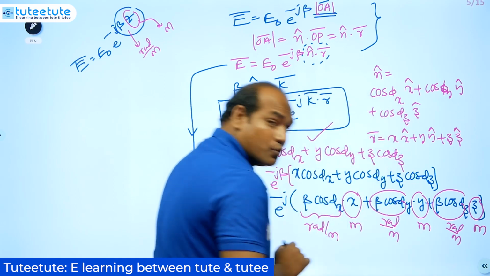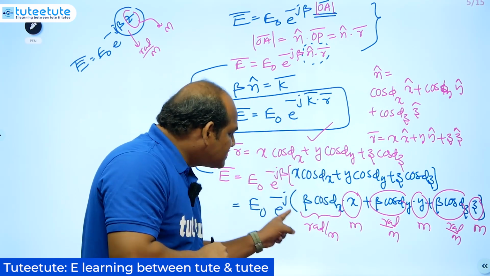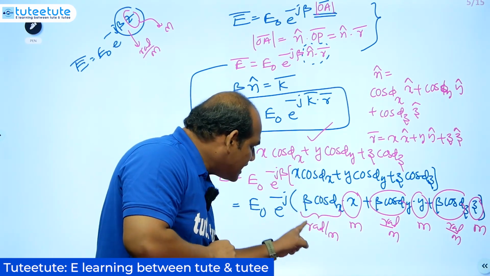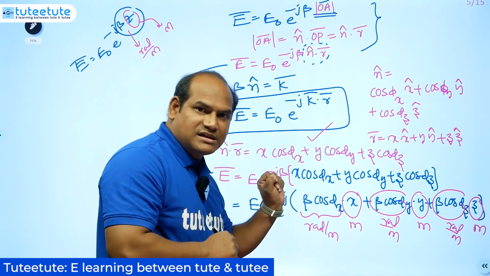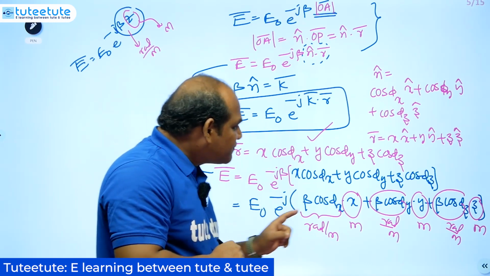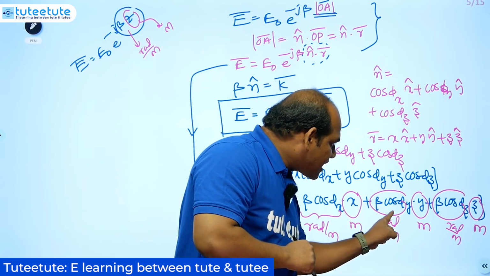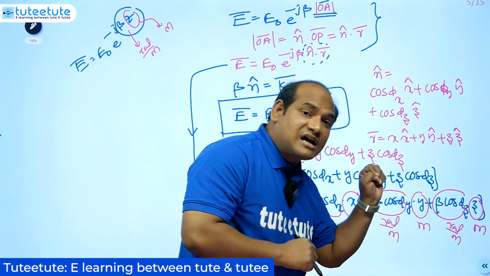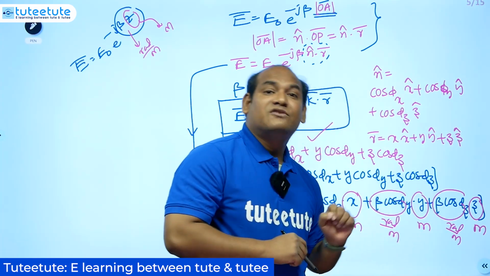That means now along x direction, what is the phase constant? It is nothing but beta cos phi x. Along y direction, the phase constant is beta cos phi y. Along z direction, the phase constant is nothing but beta cos phi z.